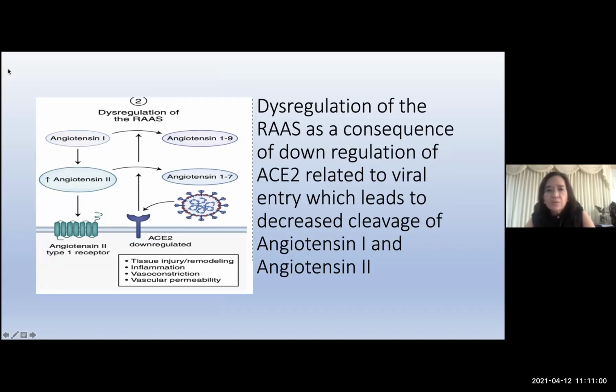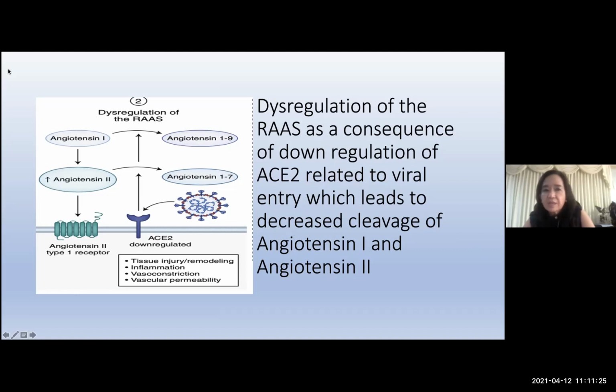What else do we know? There's dysregulation of the renin-angiotensin system as a consequence of downregulation of the ACE2 related to the viral entry, which leads to the decreased cleavage of angiotensin 1 and angiotensin 2. This is important.